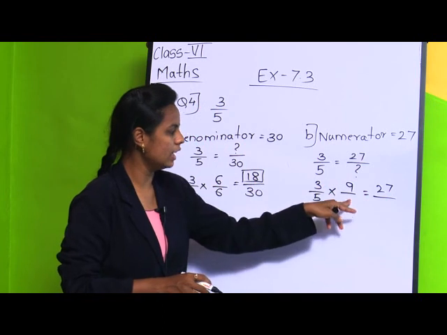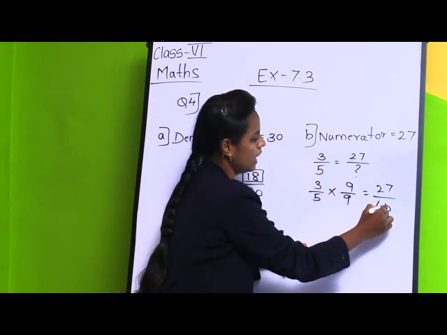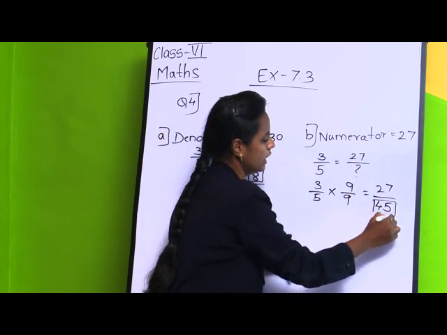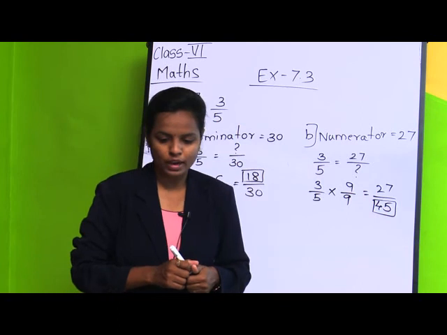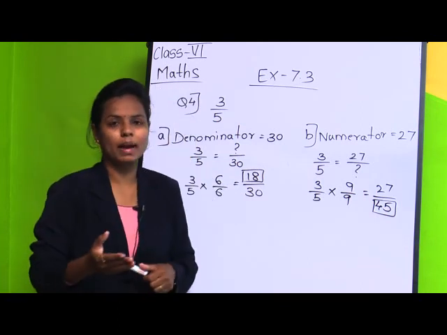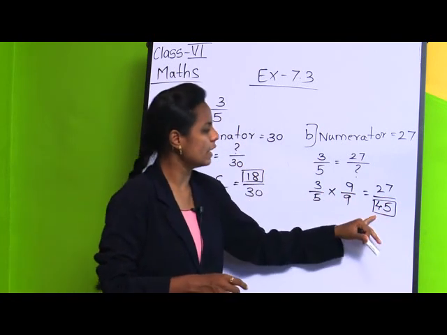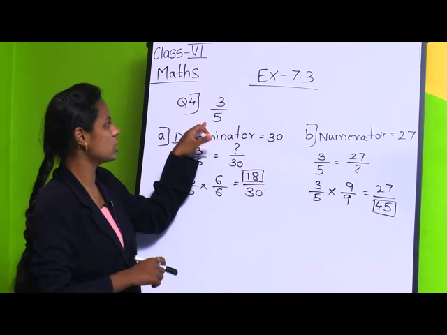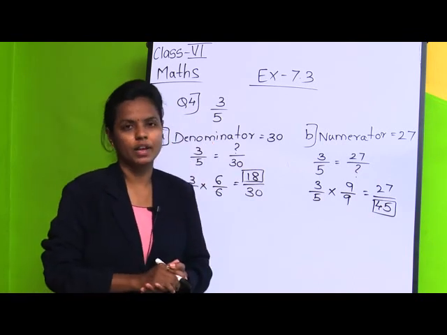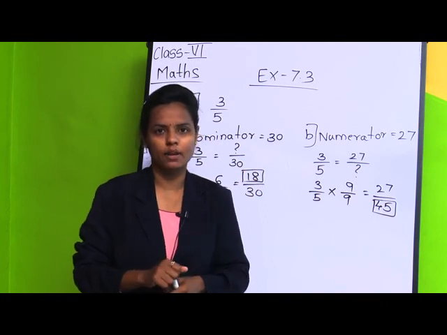So, here we need to multiply 5 with 9, 5 9s are 45. So, in the denominator's place we got 45. So, we have seen that 12 by 20, 9 by 15, 18 by 30, 27 by 45 are all the different equivalent fractions of 3 by 5.